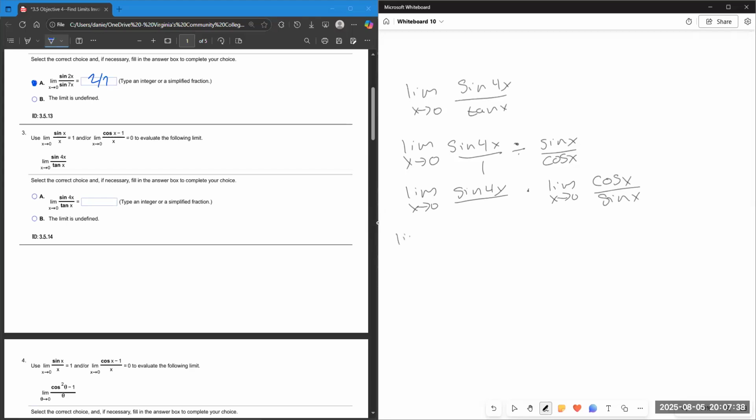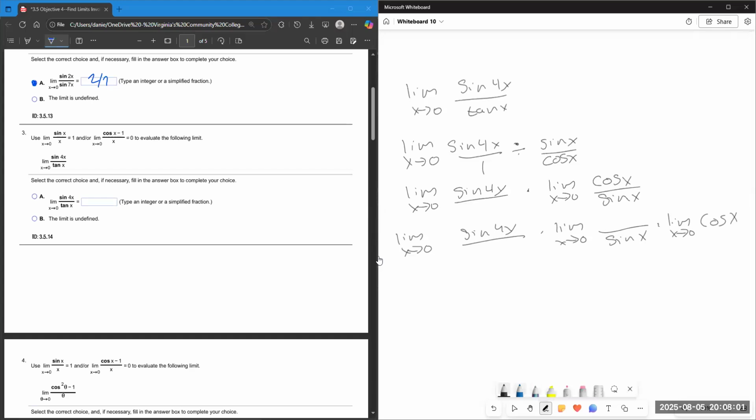So limit as x goes to 0 of sine 4x over something, times limit as x goes to 0 of something over sine x, times limit as x goes to 0 of cosine x.